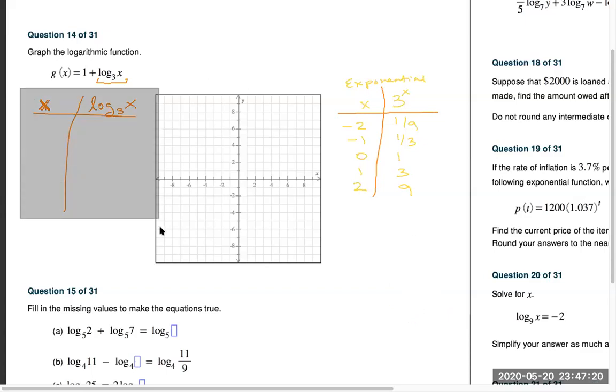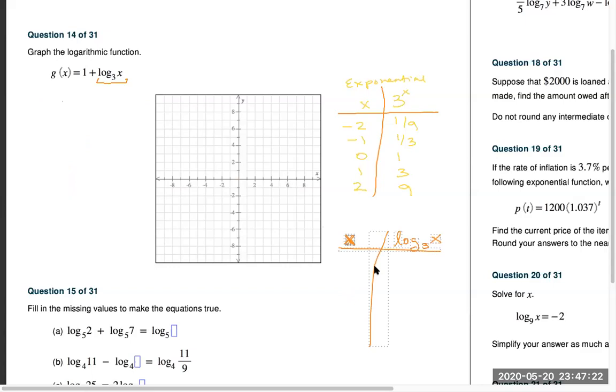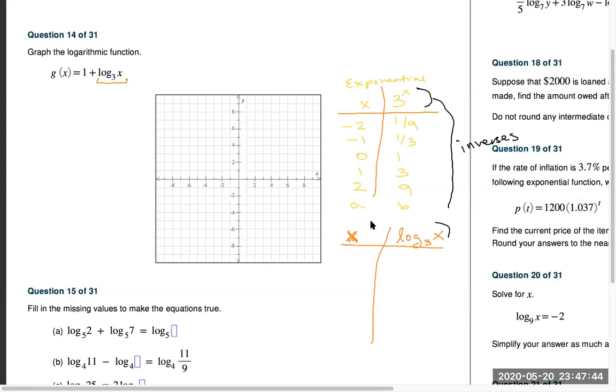Let's reposition this so we see how it ties in. Remember, these guys here are inverses. So if (a, b) is on the exponential graph, then (b, a) will be on the log graph.